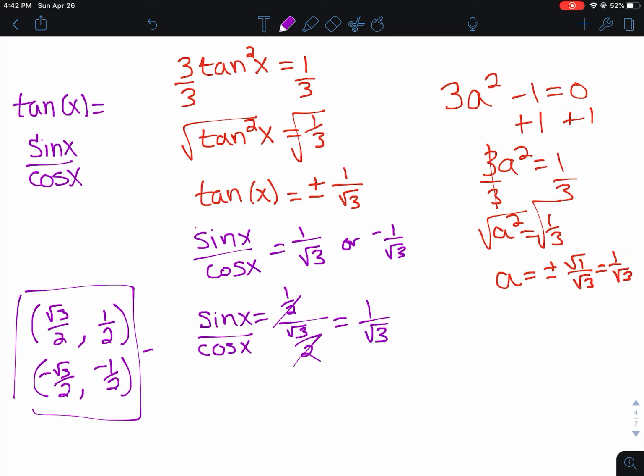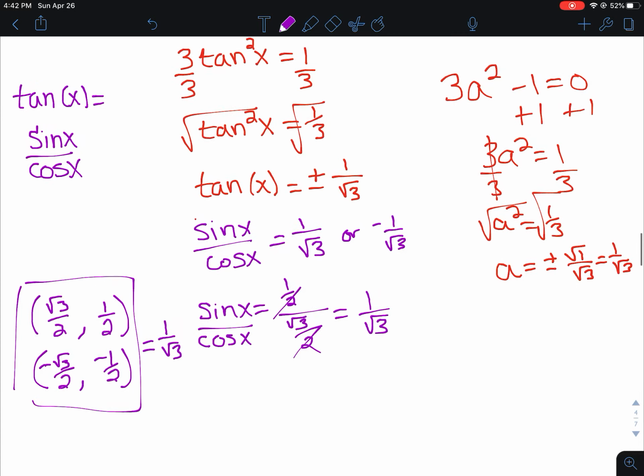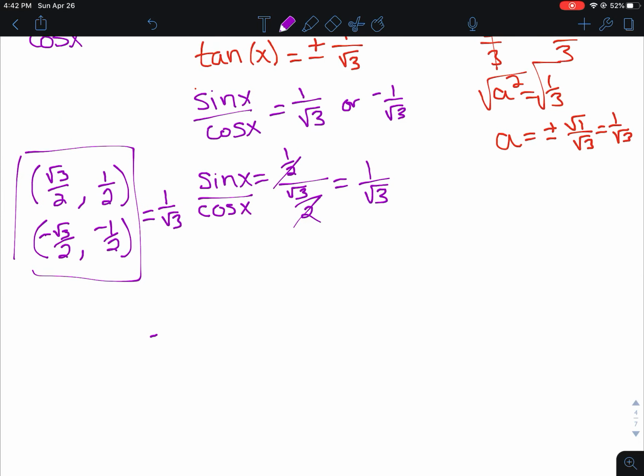So these 2 points would give you the tangent that's positive 1 over the square root of 3. The 2 points that would give you negative 1 over the square root of 3 would be if one of these values was negative but not the other. So like negative square root of 3 over 2, positive 1/2, or square root of 3 over 2, negative 1/2.